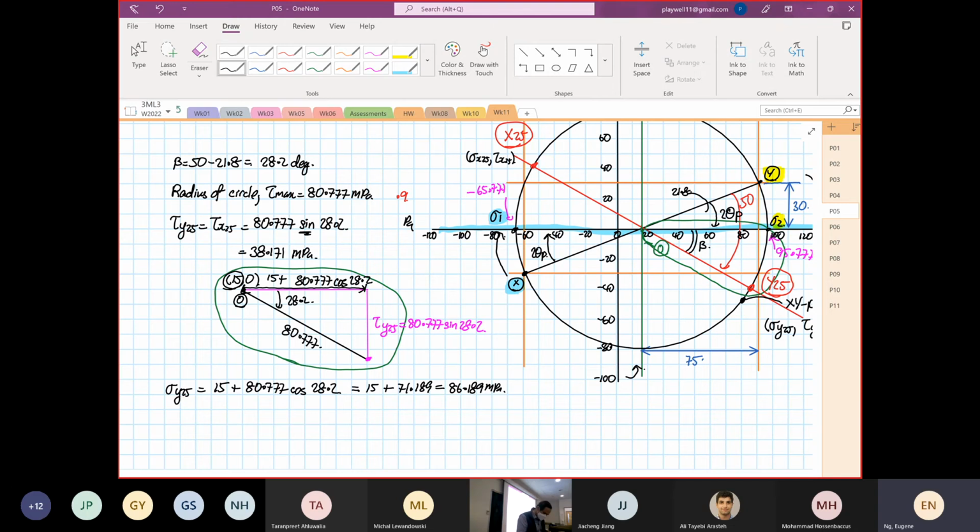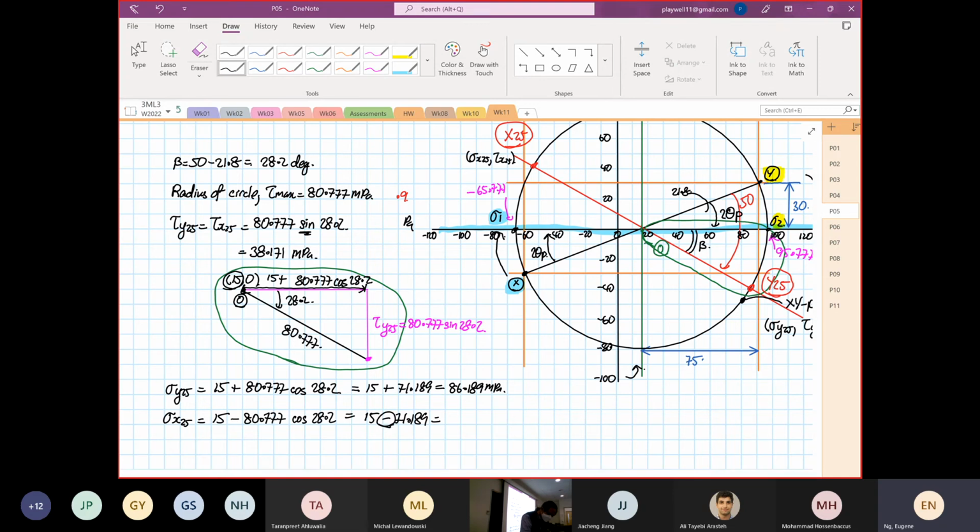So from here, you can calculate your stress X25 is going to be 15 minus 80.777 sine, cos the same, 28.2. So this is equal to 15 minus 71.189. Why is it minus now?